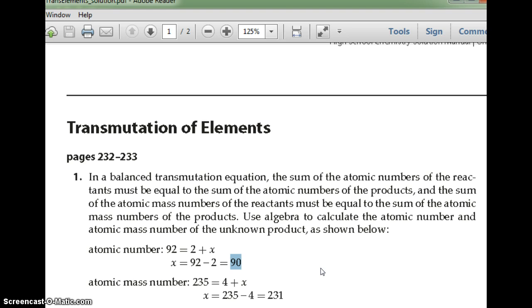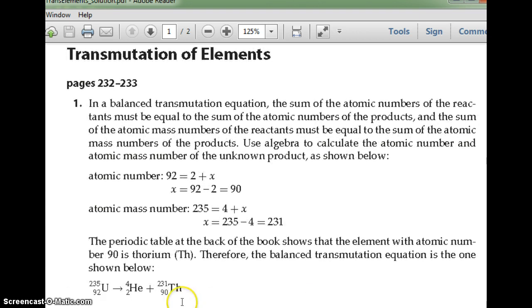You look on the periodic table and you find the element that has the atomic number of 90. Find your mass number. 235 equals 4 plus x. X is 231. Your final answer should be written like this. The 90 should go on the bottom. That tells you that the element is thorium. And the mass number is 231. So it does need to be written in that format.